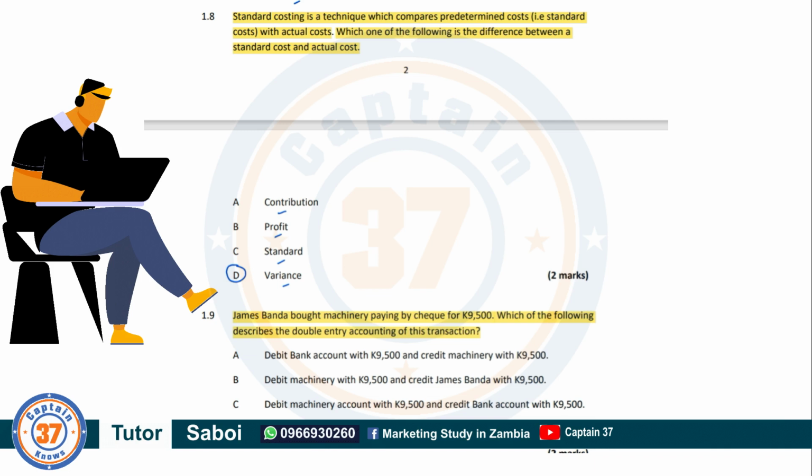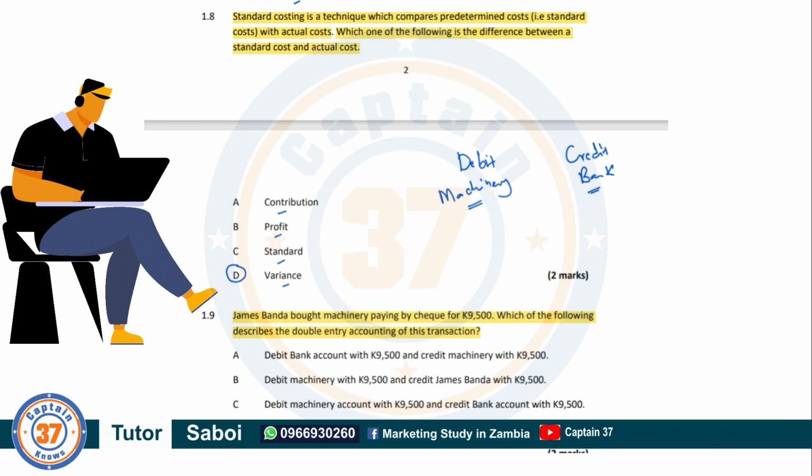So this question is basically asking who is being debited and who is going to be credited. If he bought a machine, it means he is in receipt of machinery, meaning you debit machinery. And since he paid by check, you're going to credit bank, because checks are dealt with by banks. So our answer should clearly indicate that Banda debited machinery and credited bank.